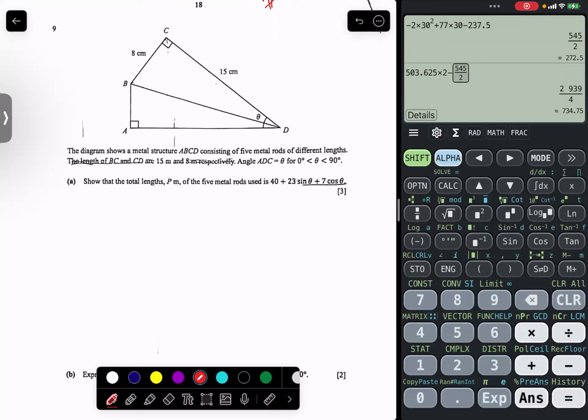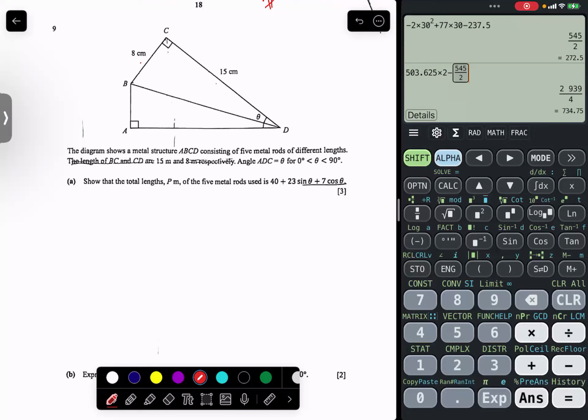Angle ADC equals theta, for theta more than 0 and less than 90. Show that the total length P meters of the 5 metal rods used is 40 plus 23 sine theta plus 7 cos theta.